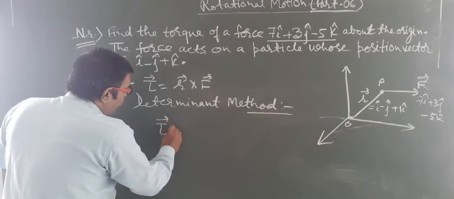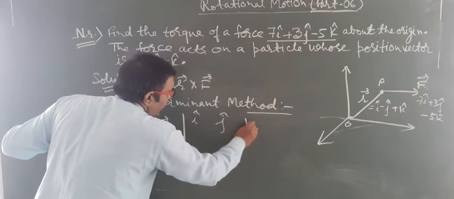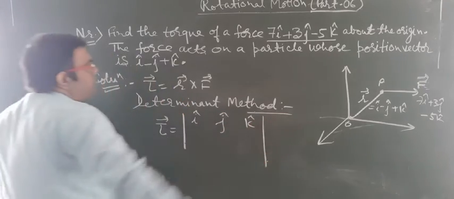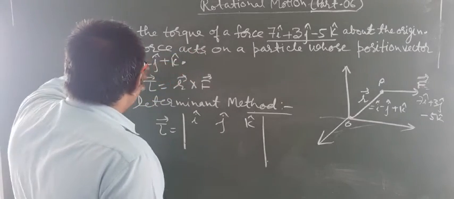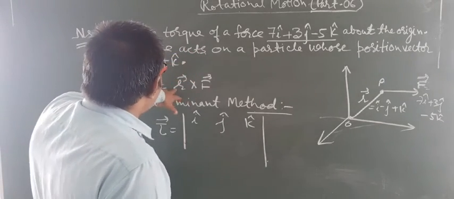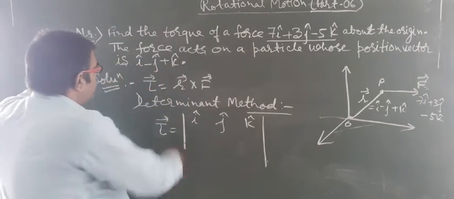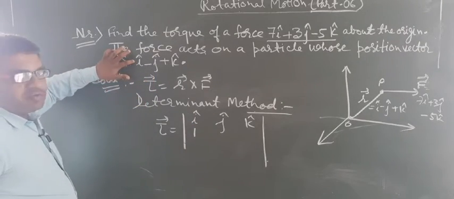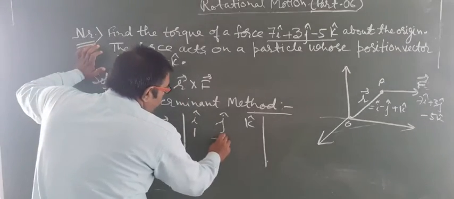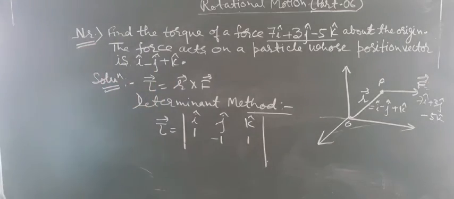So the torque vector can be given with the rows i cap, j cap and k cap. There is an r vector and an f vector. First, for the r vector, 1 is the magnitude of i cap, minus 1 is the magnitude of j cap, and 1 is the magnitude of k cap.